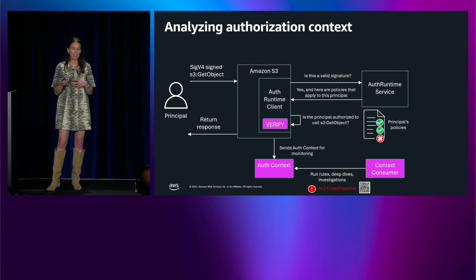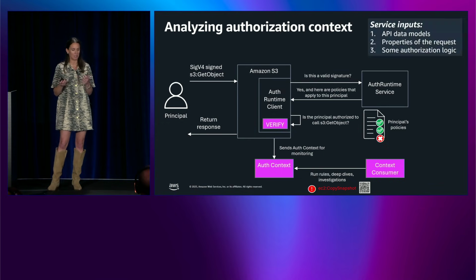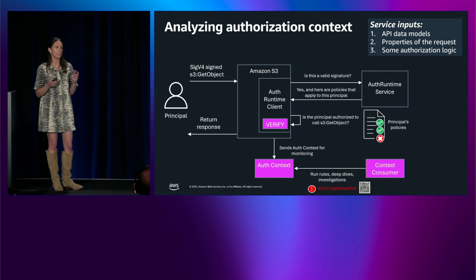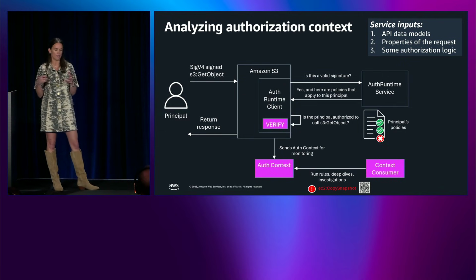But we needed to figure out a way to enforce this, right? And the challenging part is the service inputs that are required for authorization to be performed. One, it's their API data model, everything we need to know about that service and the API. The properties of the request, which we talked about earlier.